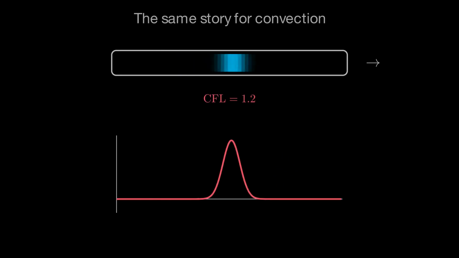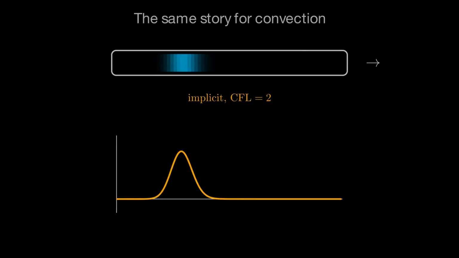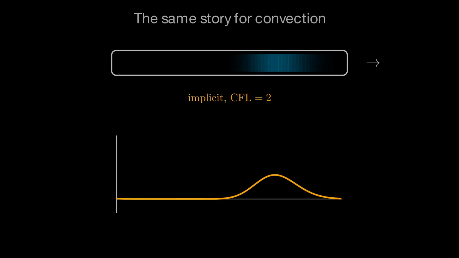Push the Courant number past 1, and information is asked to jump more than a cell per step. The same detonation, the real solver tearing itself apart. That's the Courant-Friedrichs-Lewy limit from our earlier video on why simulations blow up. And implicit rides straight through a Courant number of 2 without flinching. Stable, but look closely, the pulse is badly smeared, which is exactly the catch worth naming.